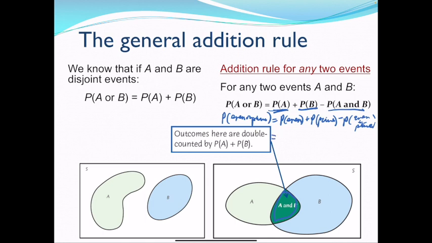So even is 1/2, prime is 1/2, right? That gives me a whole, but we've got some odds, right? So I have like 2, 3, 5, 4, 6, right? The overlap is important, so I subtract 1/6. So that's going to give me 5/6, because I have everything up here except a 1.